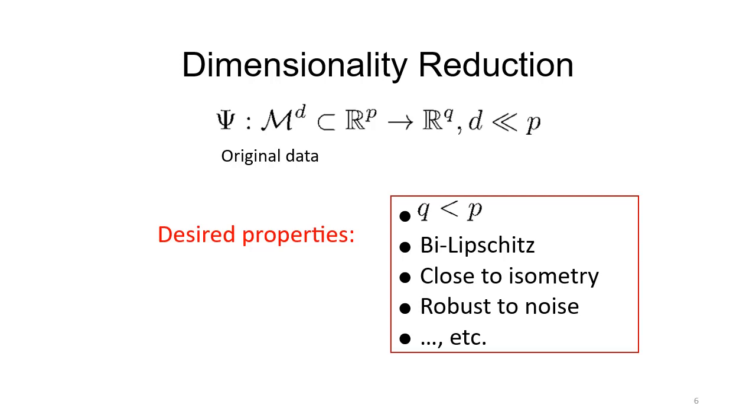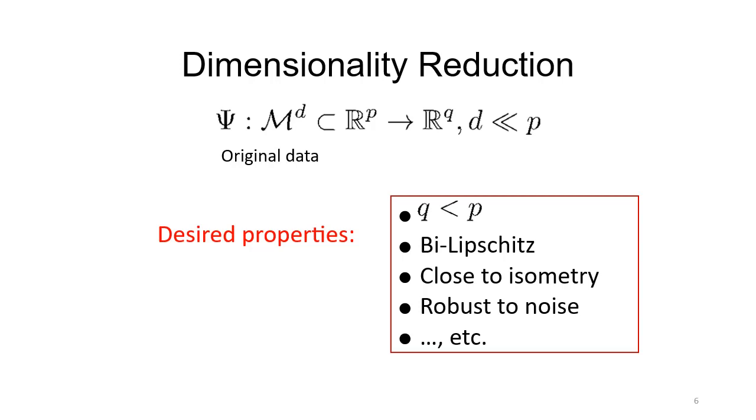I can say, okay, I want to send the first image to the point x equal to 1, the second image to x equal to 2, the third image to 3, the fourth image to 4, and so on and so forth. So now what I have is 15 points, 1, 2, 3, all the way to 15, in R1.